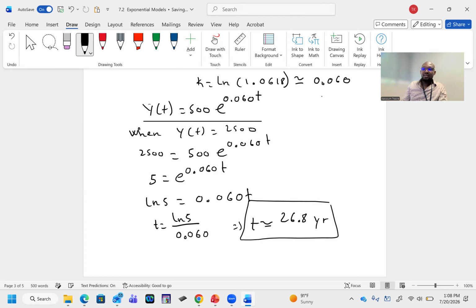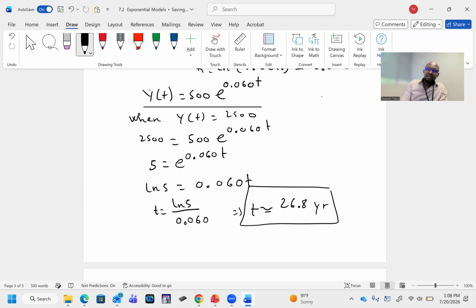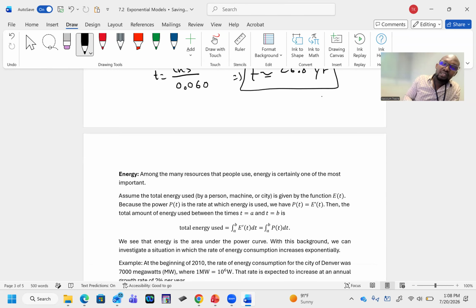Then that's it. Okay. Next, we talk about energy. Among the many resources that people use, energy is certainly one of the most important. True, right?